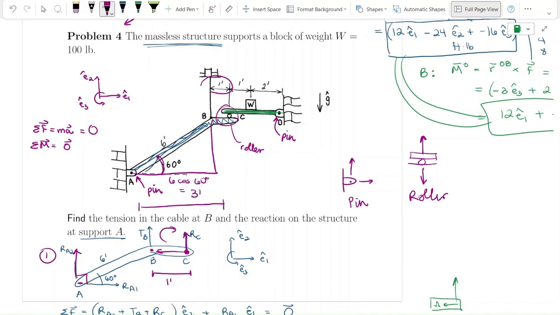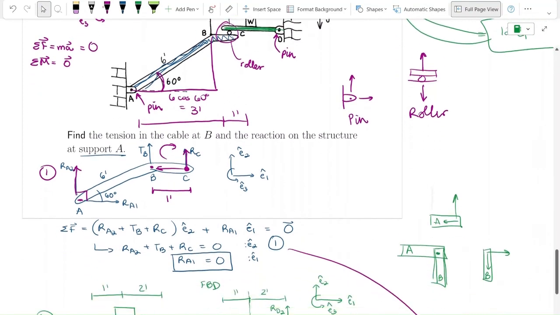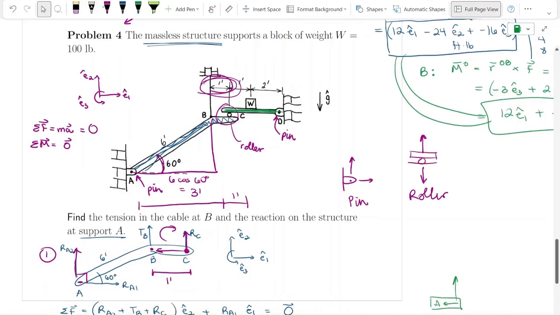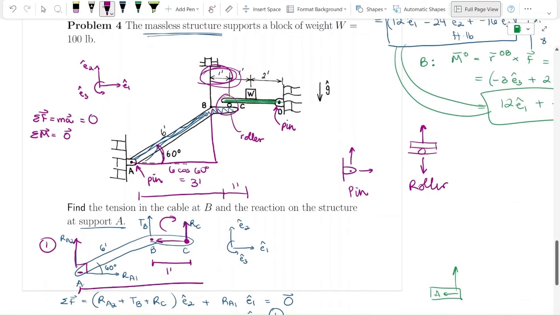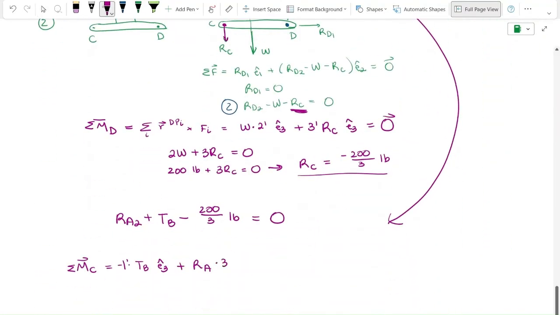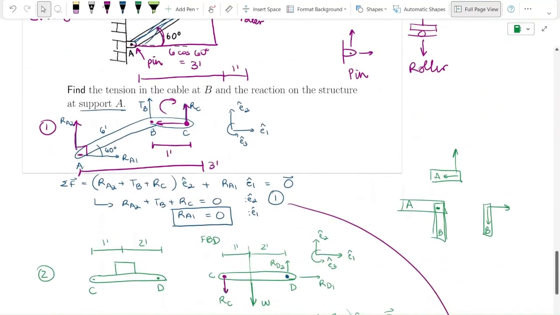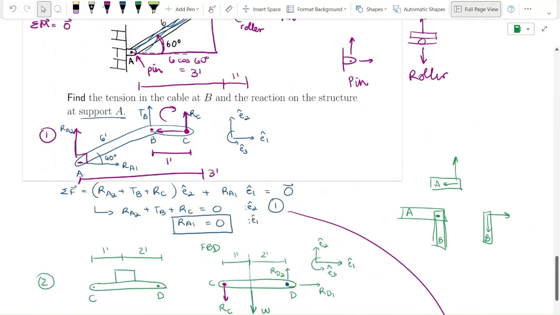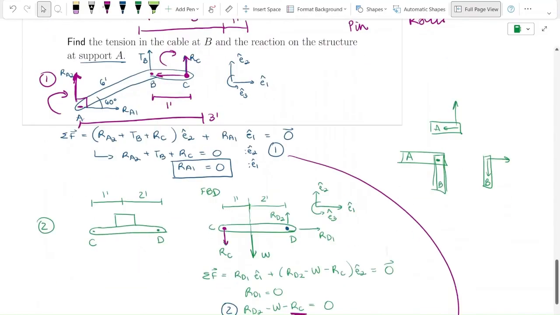And then you have from B to C, which is 1 foot, as we already showed up here. So this means that the total distance from A to C in the horizontal direction, in the E1 hat direction, is equal to 3 feet. So we can write times 3. And this then is acting in what direction? So we know that our A2 hat, we defined it as acting in this direction. So our moment's going to be in this direction, which is a negative E3 hat direction.